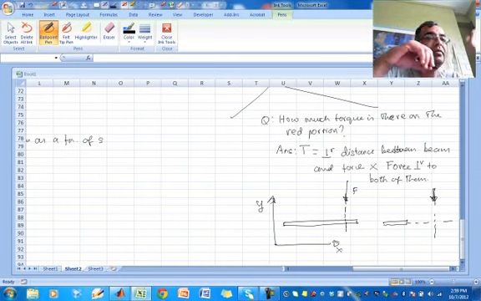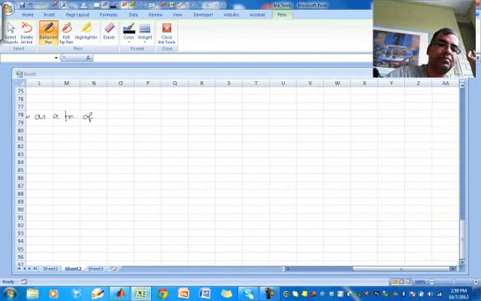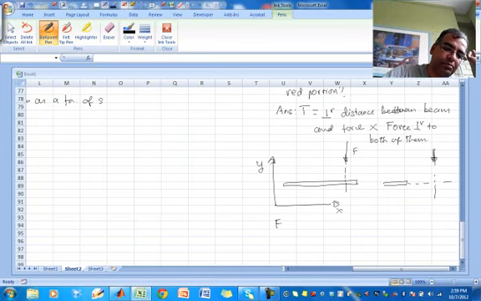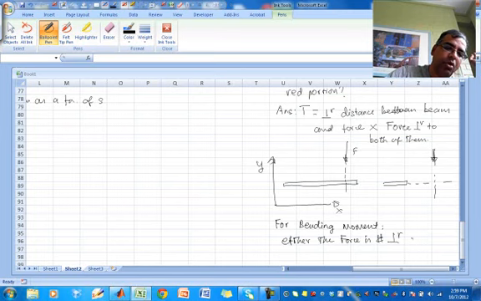For bending moment, it's simpler. Either the force is perpendicular or there is a gap.